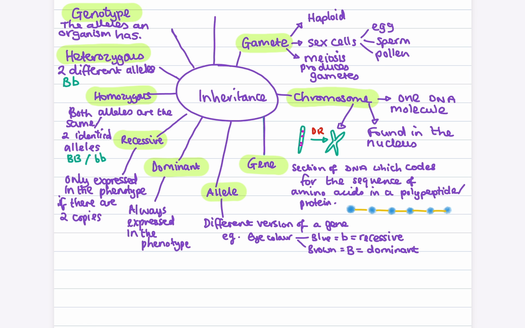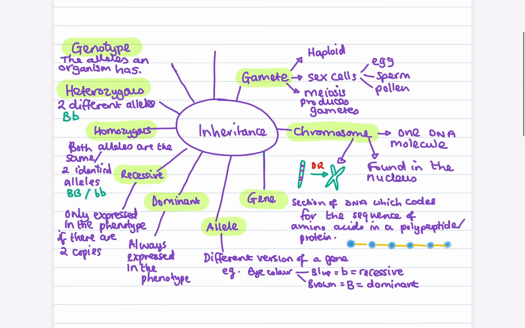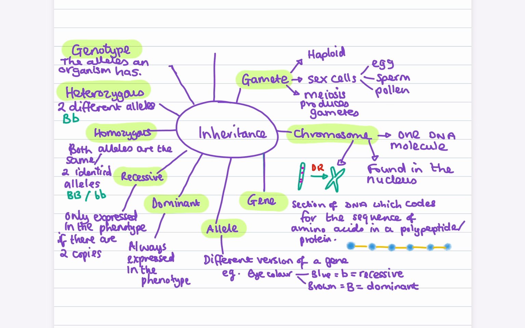So in my example of two capital B's, or capital B and a lowercase b, that is the genotype, or two lowercase b's, the genotype. It's whichever alleles an organism has. Our final key word, phenotype. The phenotype is the expression of the genotype.